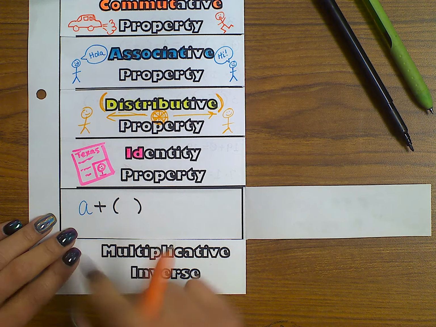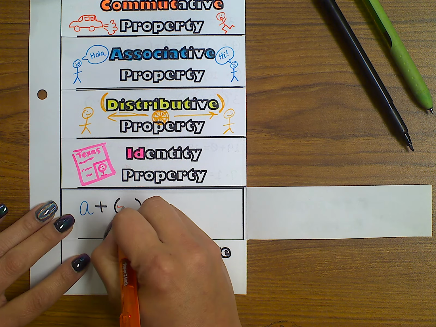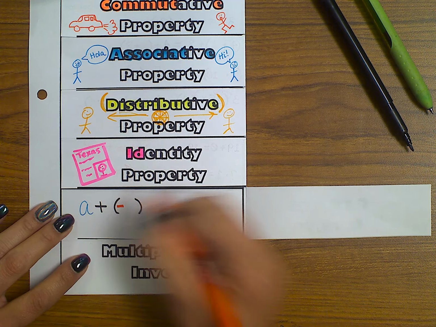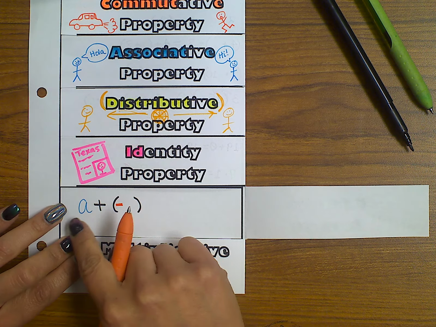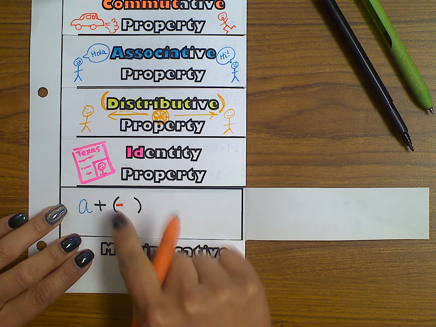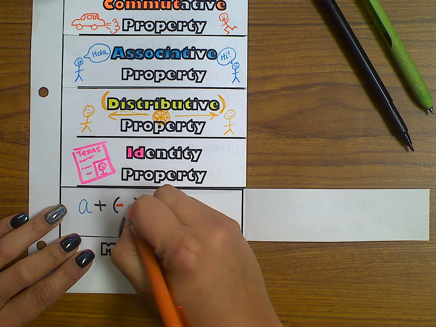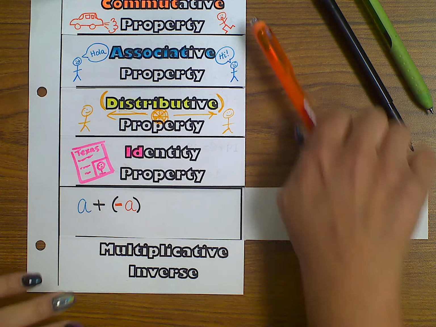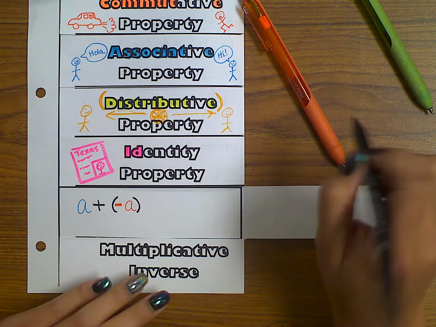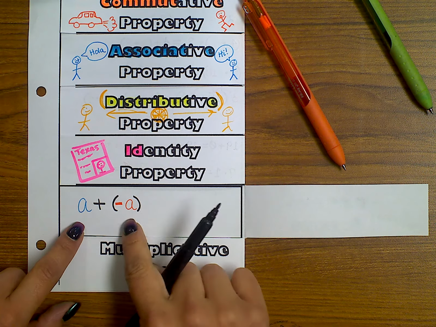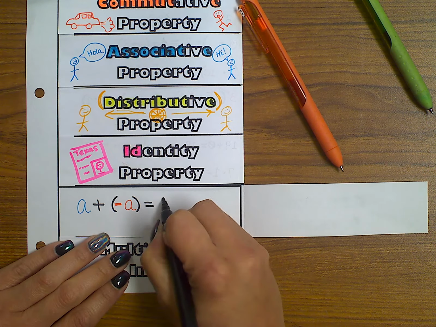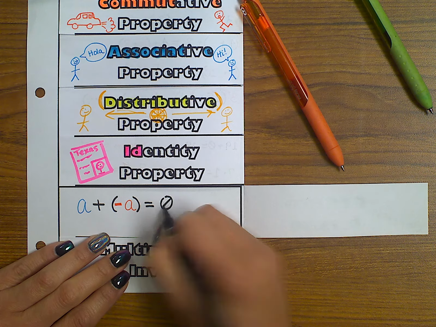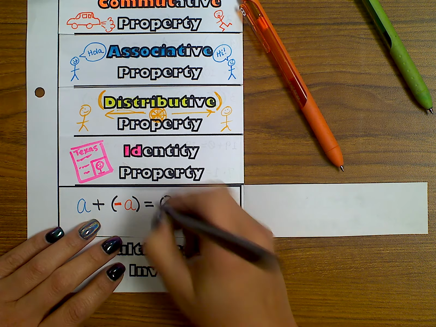In math, opposite always means that little symbol there, minus. So I'm going to take my positive A, I'm going to add its inverse, which is negative A. Now, what happens whenever I take A plus negative A? Well, it eliminates. It gives me 0.